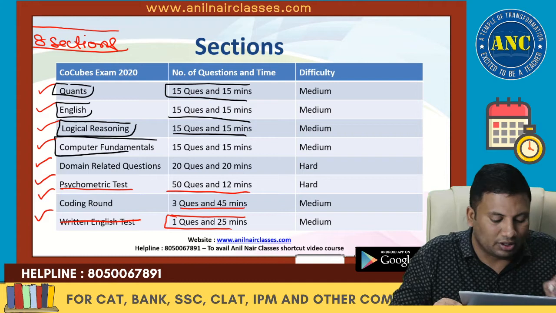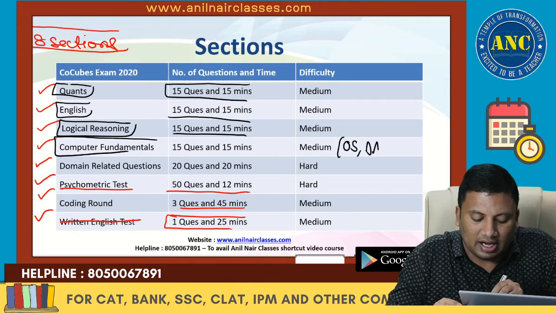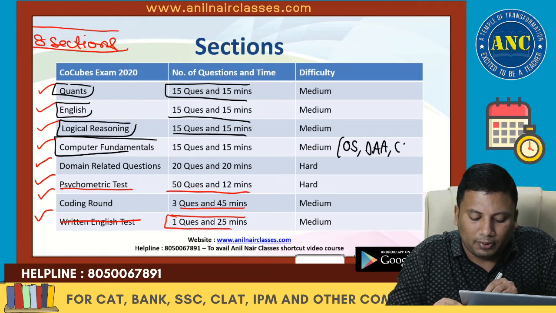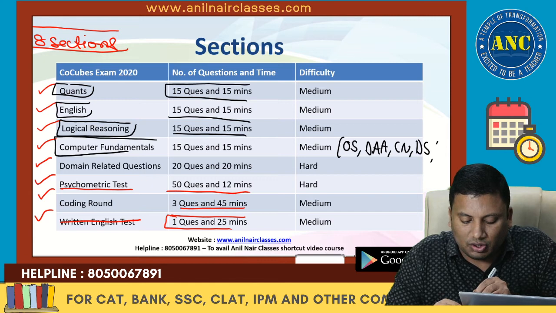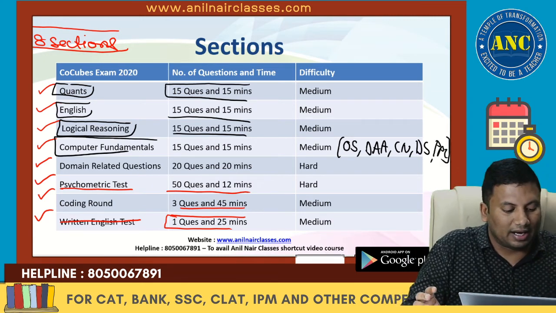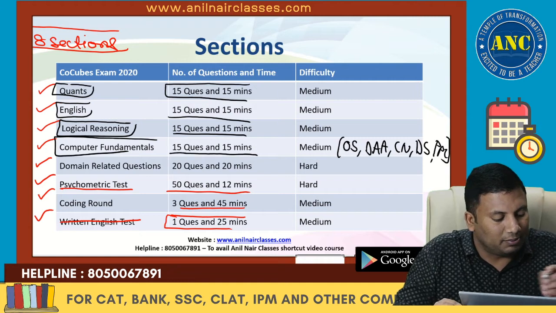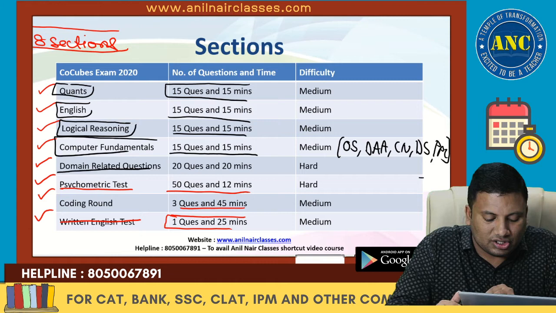For fundamentals of computers, they generally ask questions from operating systems, design and analysis of algorithms, computer networks and data structures, and they might also ask questions based on principles of programming languages. 15 questions 15 minutes, and from your particular domain, 20 questions 20 minutes.